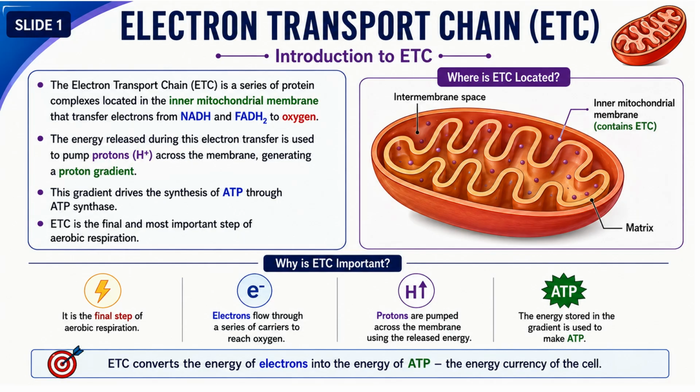As protons flow back into the matrix through ATP synthase, the enzyme uses this energy to convert ADP and inorganic phosphate into ATP. Oxygen is the final electron acceptor in the electron transport chain. It combines with electrons and protons to form water. Therefore, the ETC converts the energy stored in NADH and FADH₂ into ATP, which provides usable energy for cellular activities.